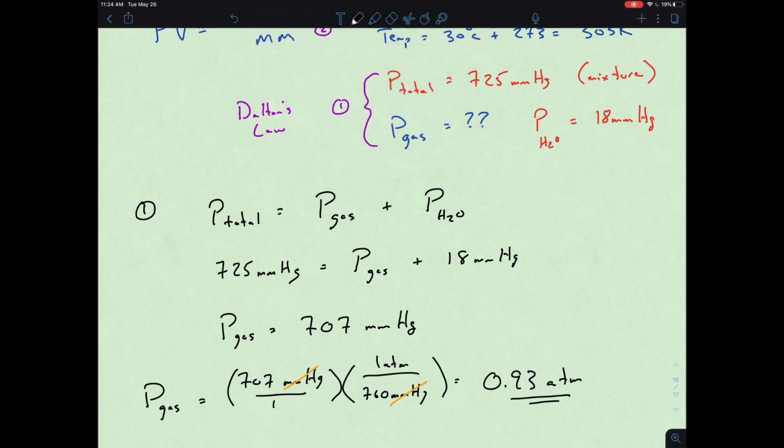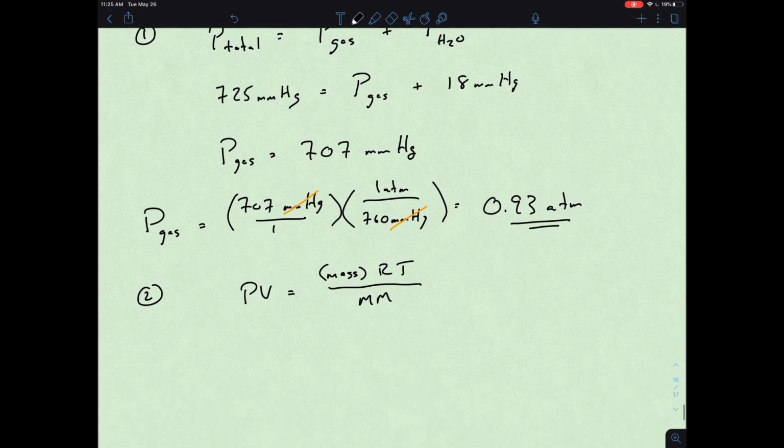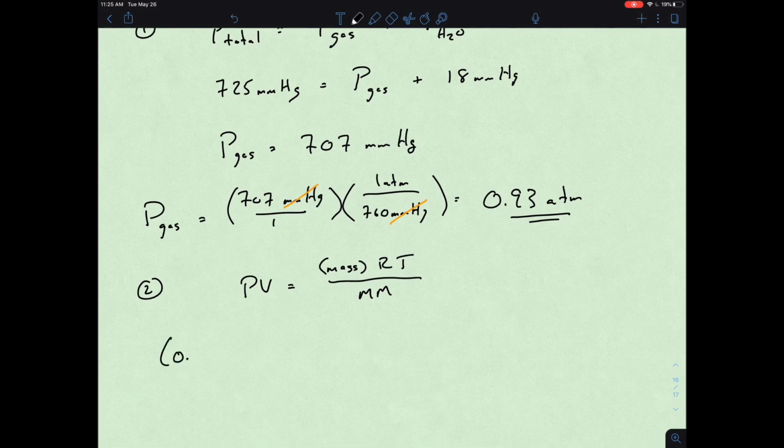So now we have everything to go on to step two. We have our pressure now, we have our volume, the mass, our temperature, and the only thing that we're missing is molar mass. So we can now plug our values in, making sure we're in atmospheres and liters.